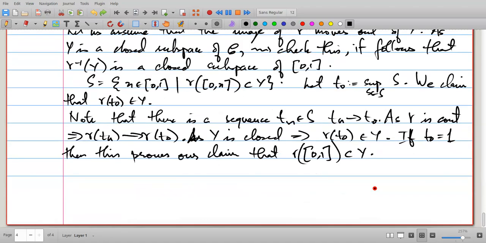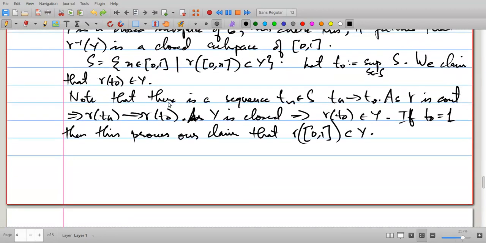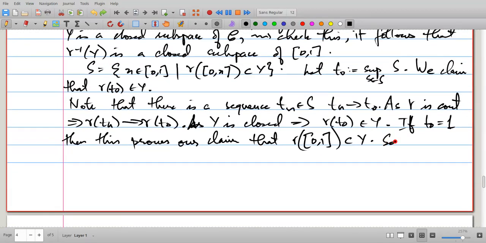So let us assume that T naught is strictly less than 1.